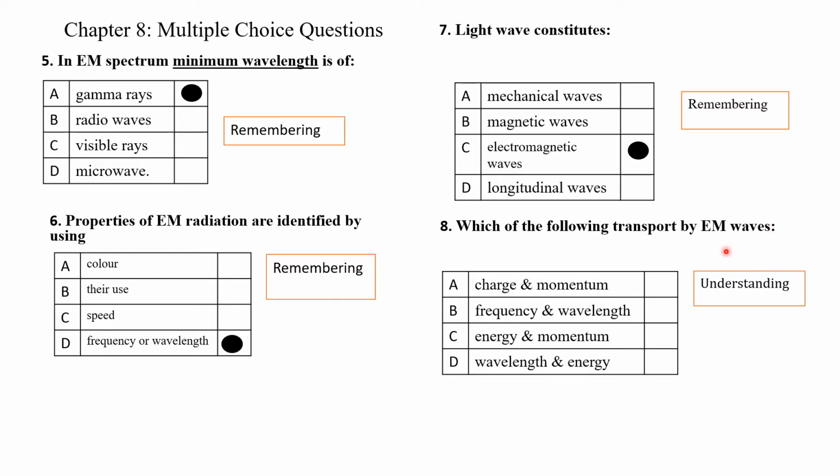We have to again understand and recollect that the energy and momentum of the wave is transported by electromagnetic waves. So the correct answer is C, that is, energy and momentum. Please remember and understand this. So electromagnetic waves transport energy and momentum.